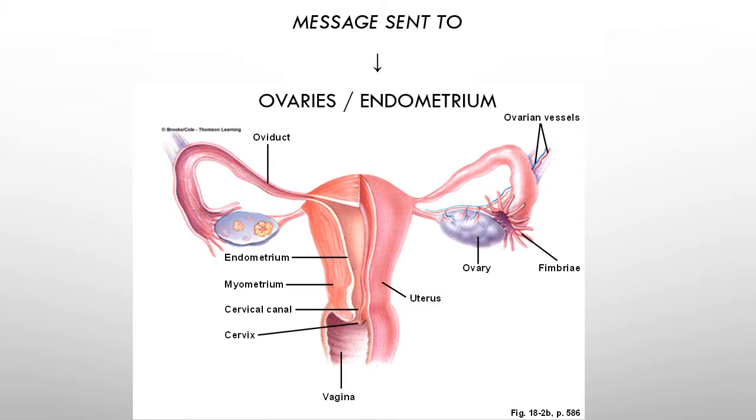For that FSH and LH, that's going to come down to the reproductive system for the female, and its primary targets are going to be a positive effect on the ovaries as well as the endometrium of the uterus.